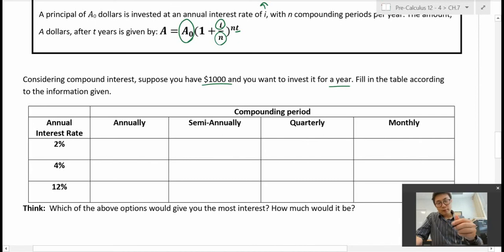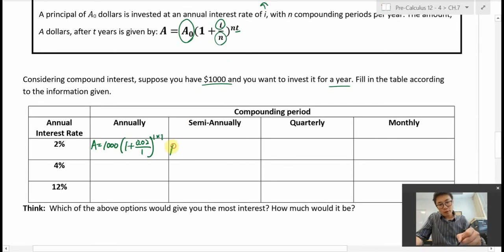So annually, with the annual interest rate of 2%, the amount that you get at the end, A, would equal 1,000 times (1 plus the interest rate, 2%, so as a decimal it's 0.02, divided by n). Again, that's the number of compounding periods per year, which annually is only compounded once a year, to the power of n, which is 1, times the number of years, which is also 1. Okay, I'm just going to write the expression. I'm not actually going to calculate for now.